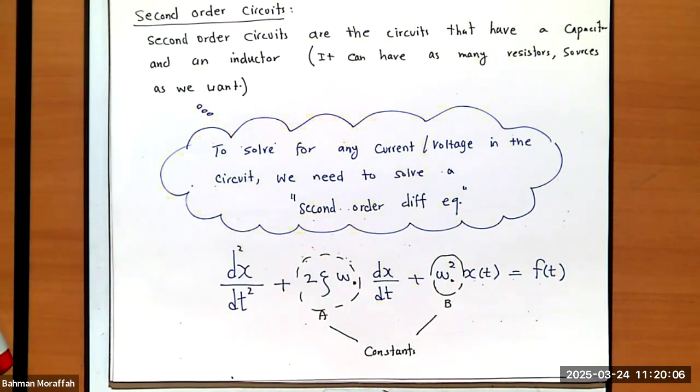So let's do a quick example. If you recall, when we did first order circuits, we said that any circuit that has a capacitor can be put in the general form of a resistor followed by a capacitor, the most general RC circuit.